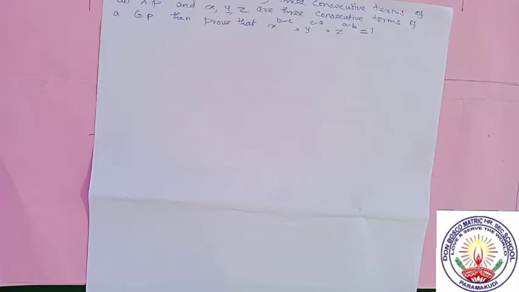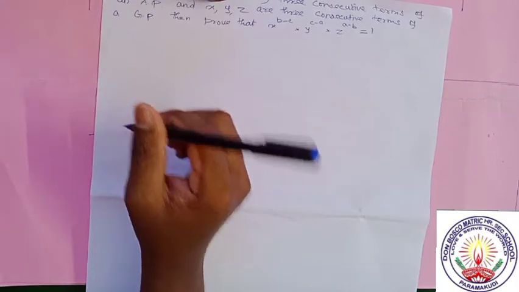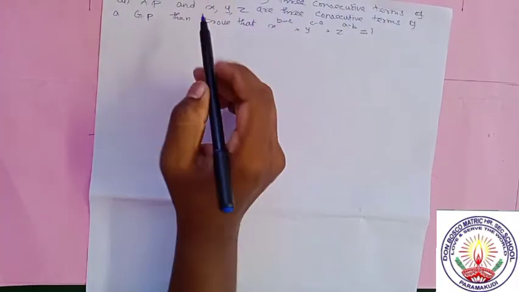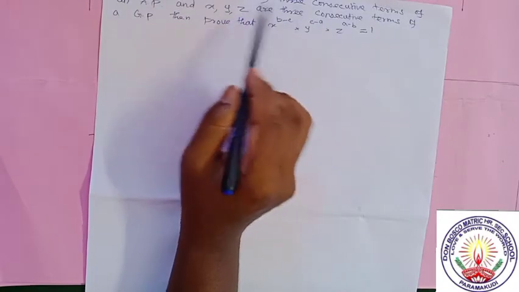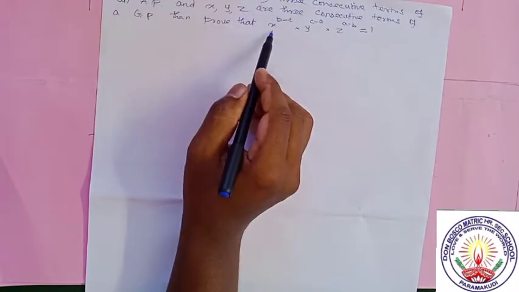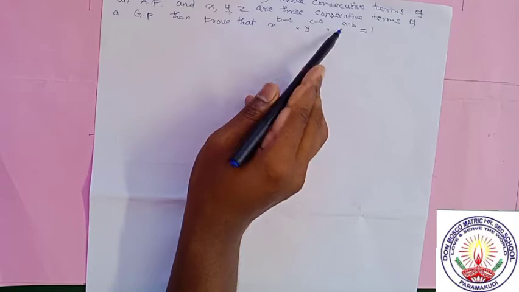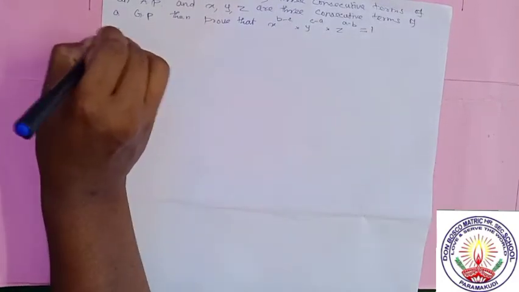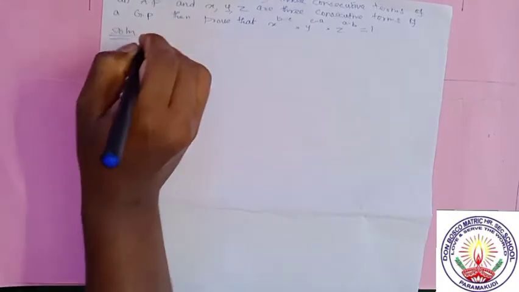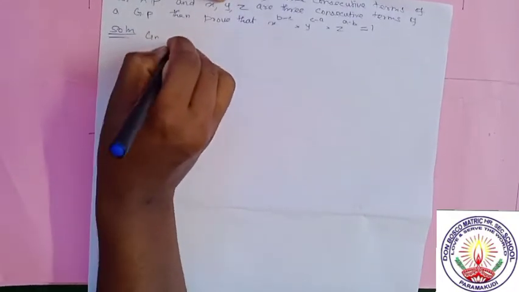Since it's the last question and also a nice question, this question may be asked as a 5-mark question in the following examinations. So let us understand. A, B, C are three consecutive terms in AP, X, Y, Z are three consecutive terms in GP. Then prove that X power B minus C, Y power C minus A and Z power A minus B is equal to 1. So let us write the given part. What is given?